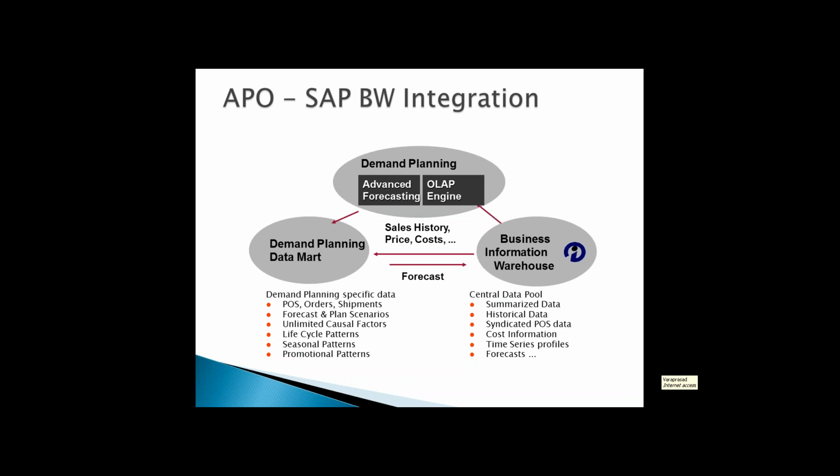This is the business information warehouse. Are you able to see my mouse cursor? Yeah. The business information warehouse will be connected to demand planning and APO advanced forecasting. The demand planning data model is nothing but an InfoCube. You can create an InfoCube, extract the data from BW to DP, and do the forecasting in DP.